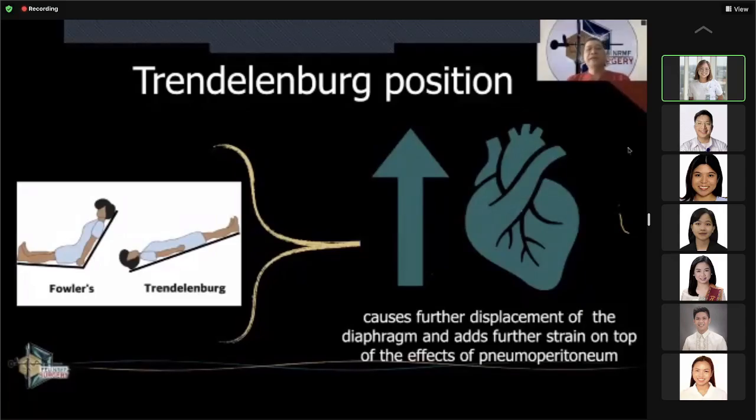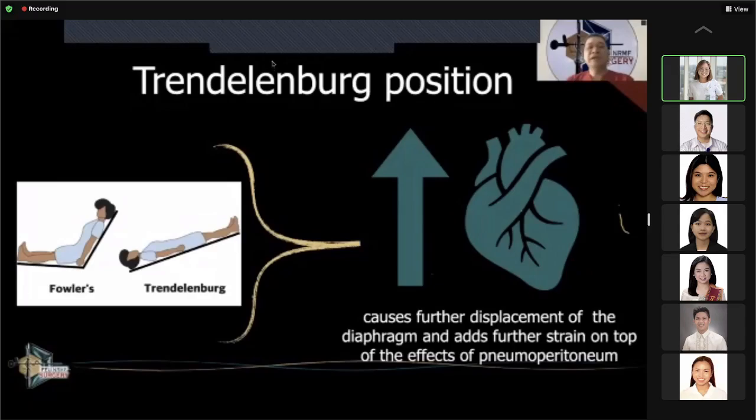Usually in a Trendelenburg position, it causes further displacement of the diaphragm and further strain on top of the effects of pneumoperitoneum. So in patients with cardiac problems, again, we minimize excessive Trendelenburg position.